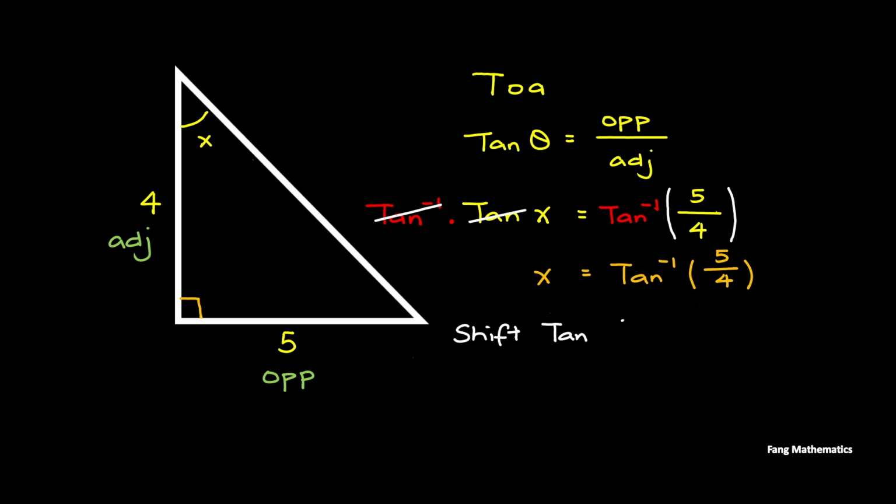Put a parenthesis 5 divided by 4, closed parenthesis, and you should get in degrees in 2 decimal places as 51.34 degrees. Therefore, you have successfully determined the angle as 51.34 degrees.